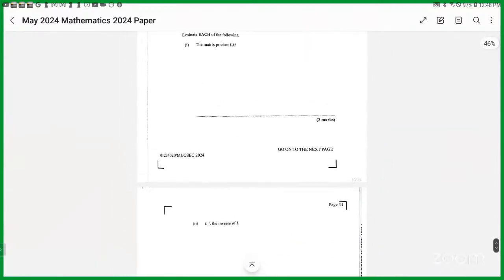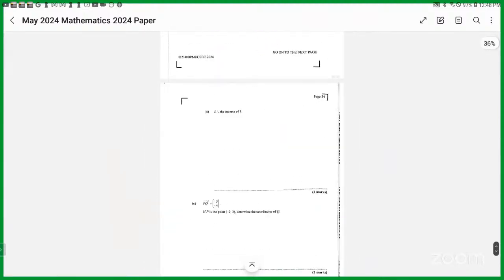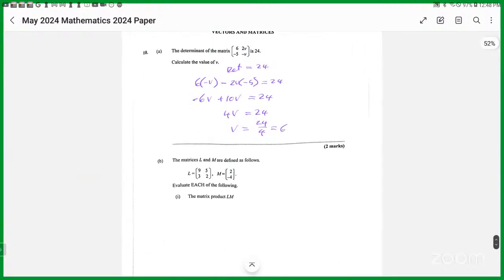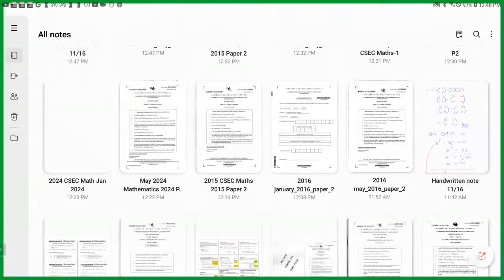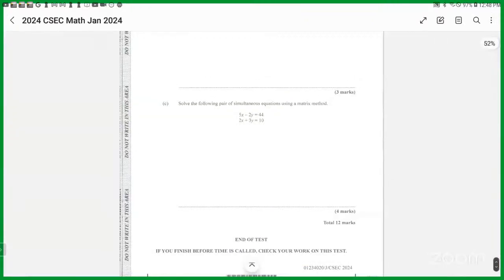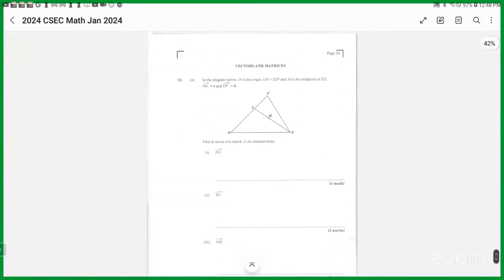So this one didn't set a transformation question in section 2, but oftentimes the second question, the matrices question, is a transformation question in section 2. Let's look at January 2024. That's another transformation. But that's what we've been seeing in recent times. You're getting 2 transformation questions possibly on the paper.